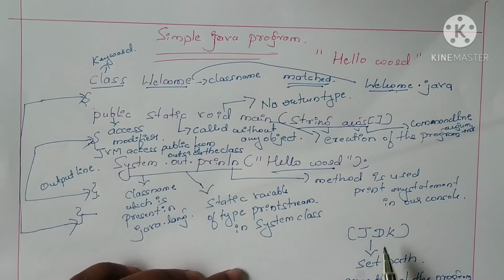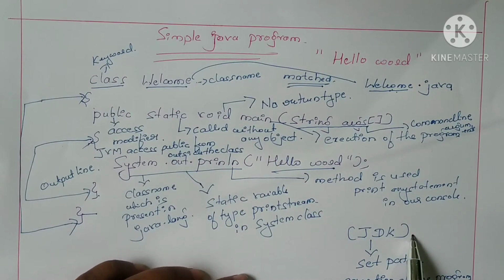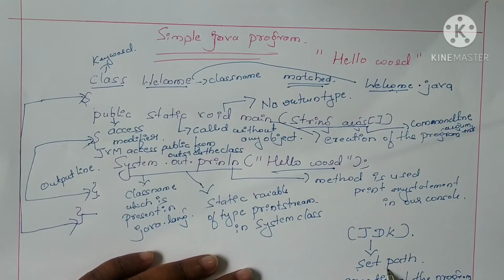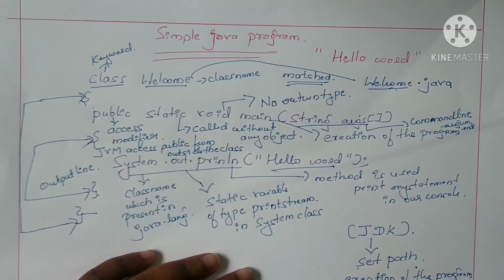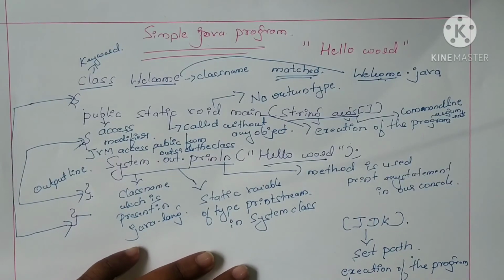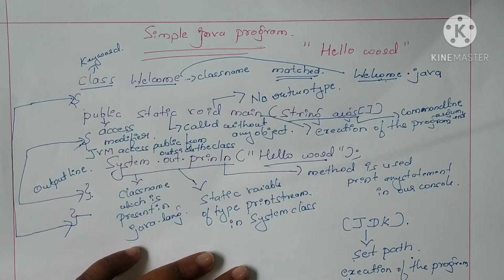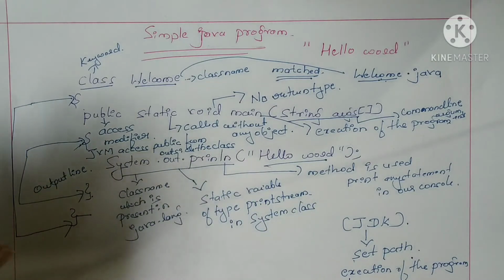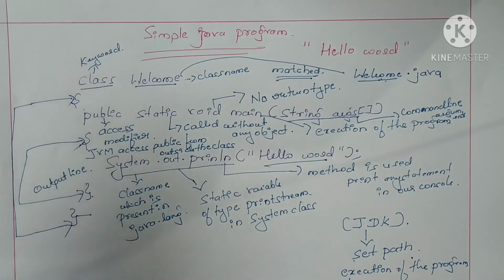First we are going to install a JDK with a new version. Next we are going to set a path. Then we are going to start the execution. The execution of the program starts with javac filename.java. Javac helps to compile a Java file.